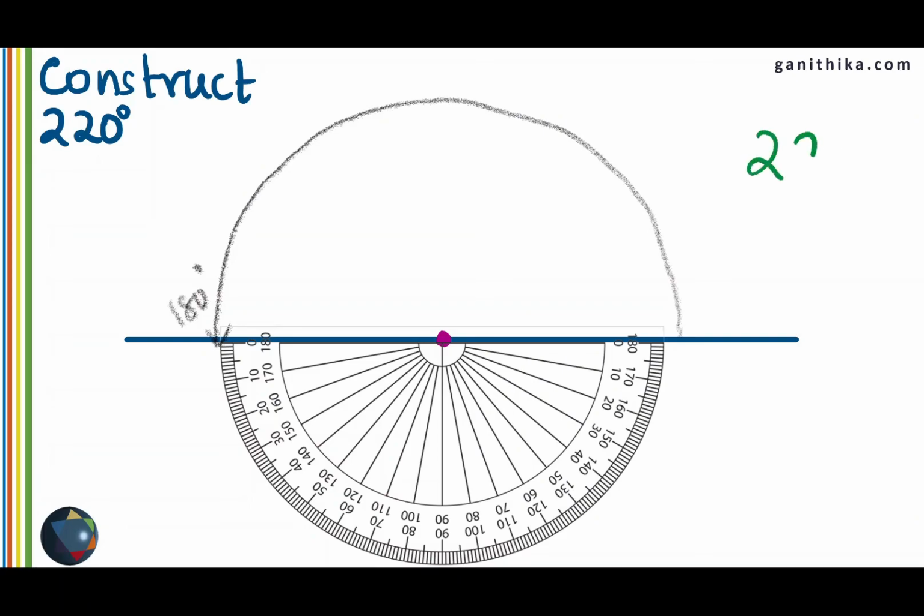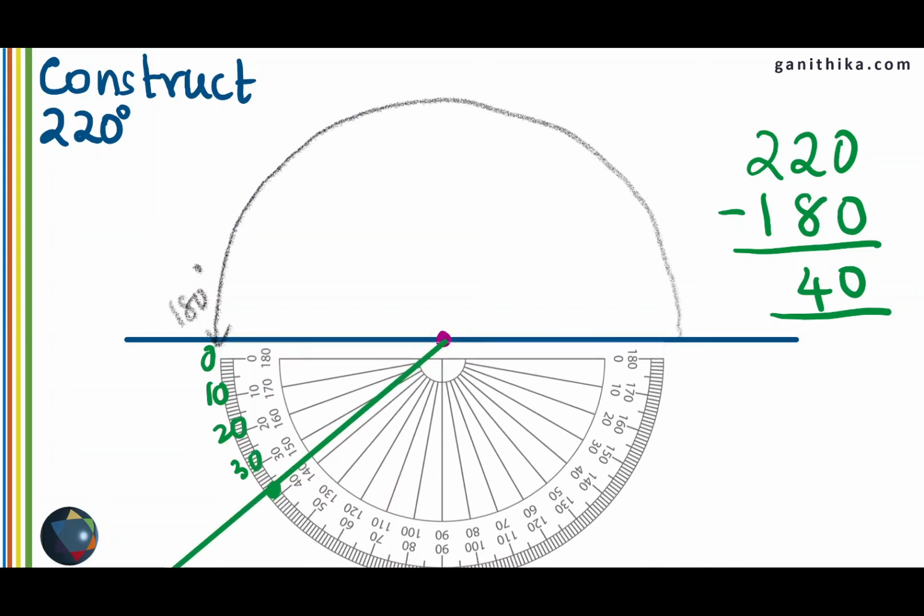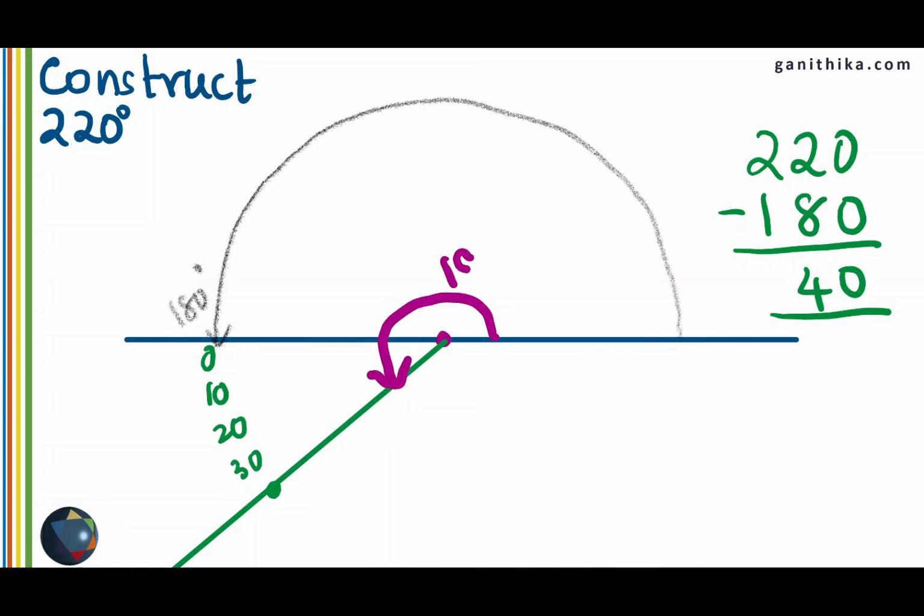Let's find out how much more we need to draw now. Subtracting 180 from 220 degrees, we get 40. So we need 40 more degrees to reach up to 220 degrees. Marking it and joining the point. This is 180 degrees plus 40 degrees, making it together 220 degrees. So this is a reflex angle.